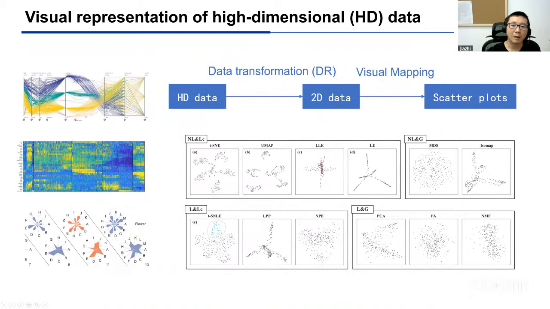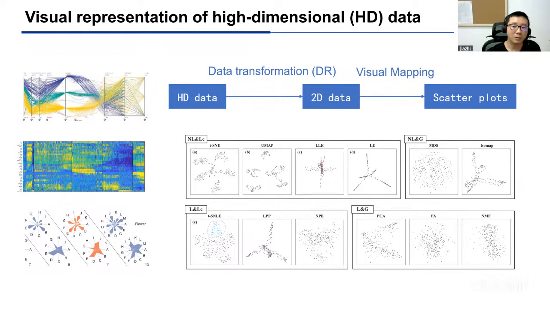There are many types of visual representations for high-dimensional data, such as line-based parallel coordinates, pixel-based heat maps, and glyphs such as star coordinates. Among them, the most popular one is the scatter plot.